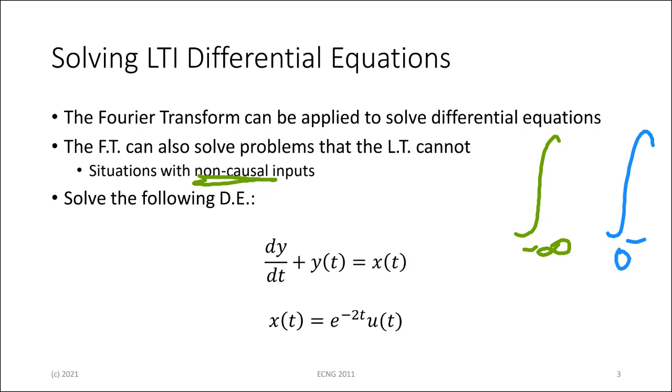In the case of the Fourier transform, you do not. Right? And if you go back here, of course, you can solve the following differential equation, and the properties, which we did before, would be exactly the same as the Laplace transform, except that you don't have the initial conditions.